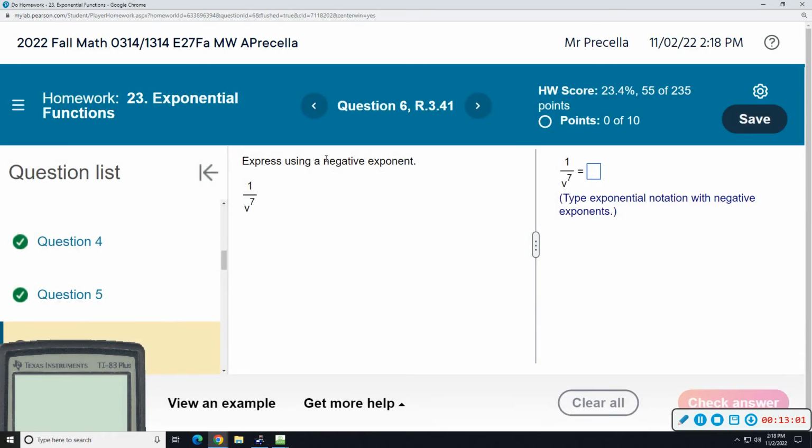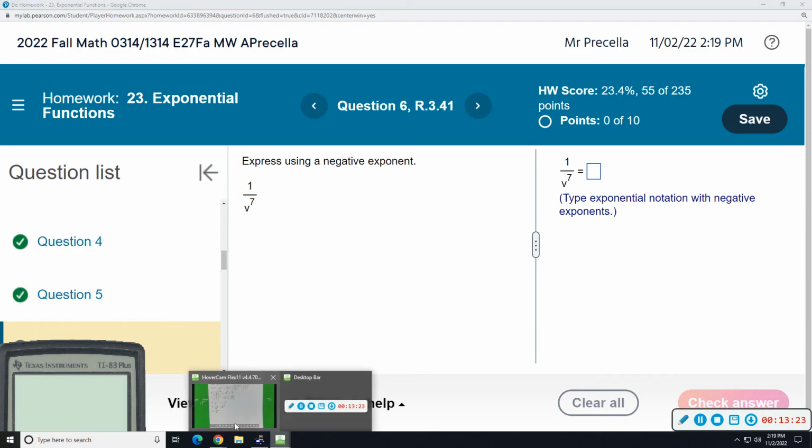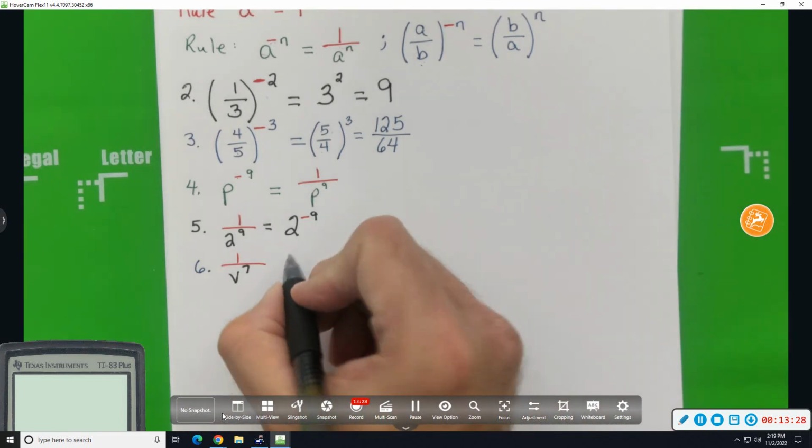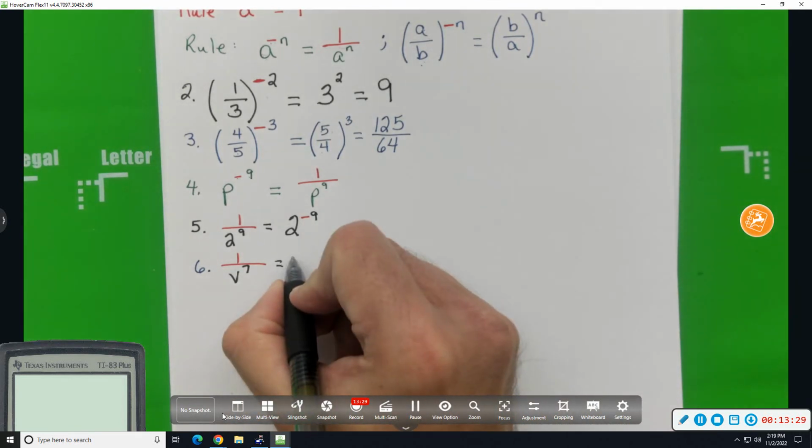This one's sort of like the one we just finished doing. Except instead of a 2 to the 9th, it's a v to the 7th. It's 1 over v to the 7th. So 1 over v to the 7th is v.